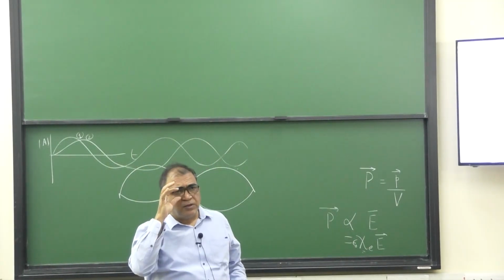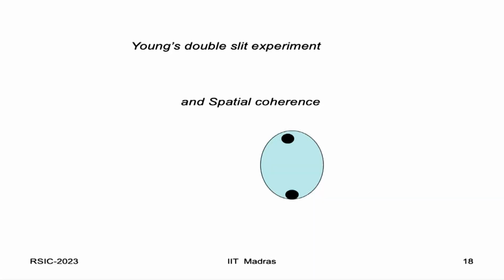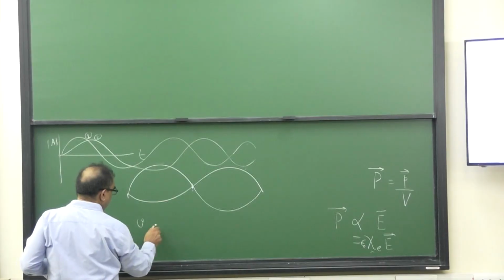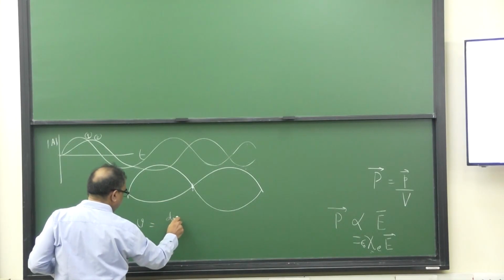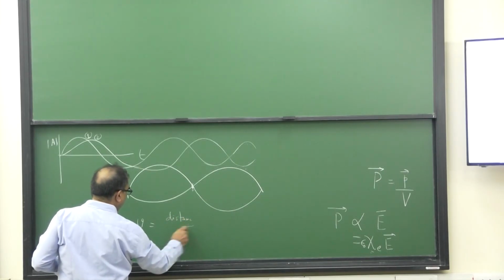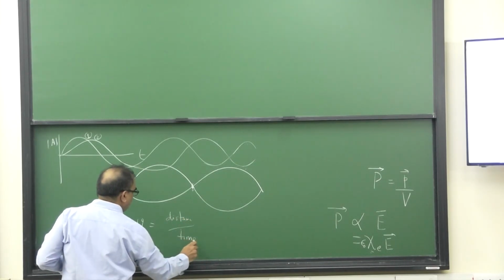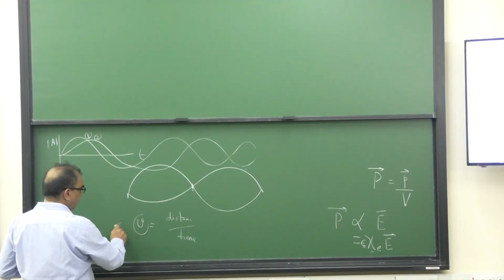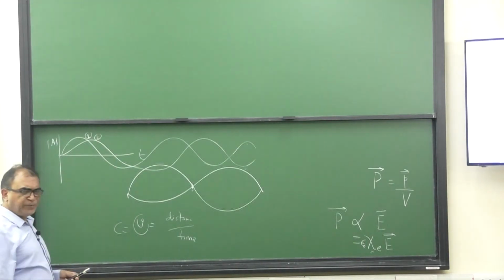Sir, could you repeat what coherence length means? Say coherence length. Velocity is equal to distance by time. So this is c for the speed of light.